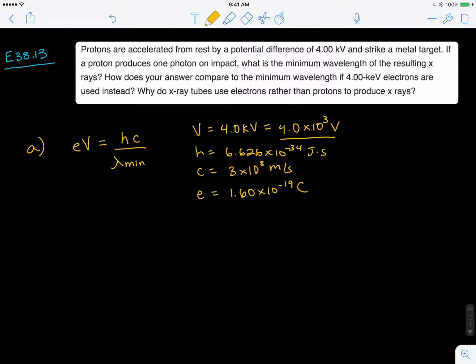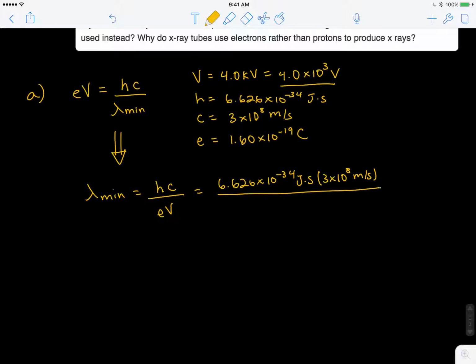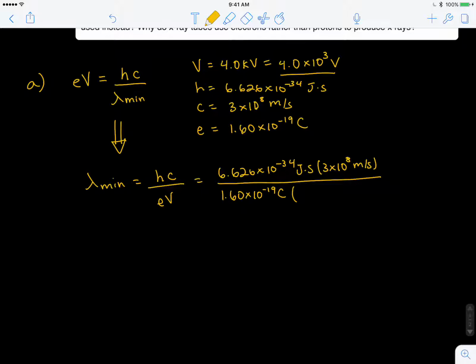So the first part of this question, we'll call this part A, is rather straightforward. All we have to do is plug and chug. Let's rewrite this equation as lambda minimum is equal to hc over eV. Plugging in our values: Planck's constant, speed of light, 3 times 10 to the 8th meters per second, divided by 1.6 times 10 to the negative 19th coulombs, times the voltage, 4 times 10 to the third volts.